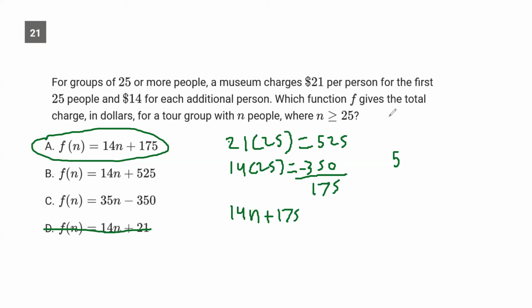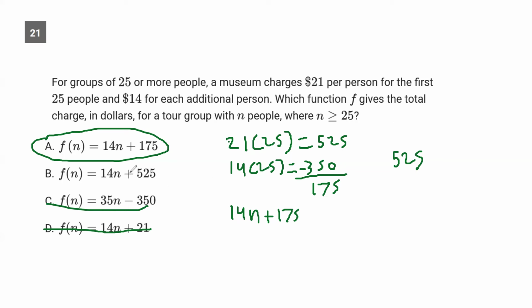It should give us 525. So wouldn't work, right? On this one, we would get a different number that wouldn't do it. And then we're just left with A.